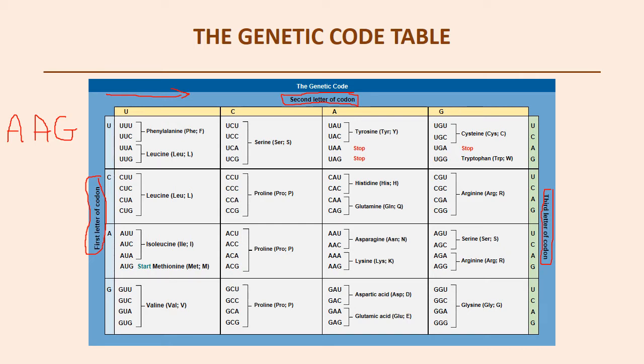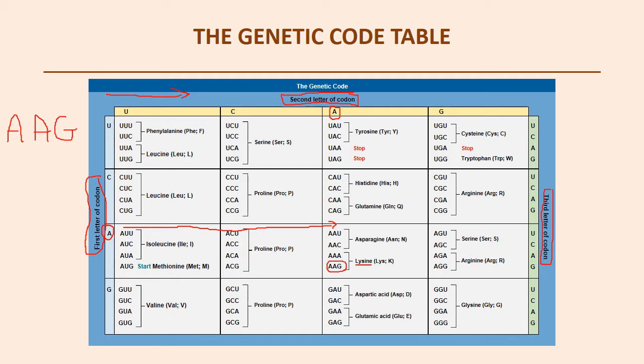So go ahead and find your A on the left-hand side. So here's my A. Once I have that, I'm going to go across, and looking on top, I'm going to find my other A box, which is my second category right here. Right, here's my other A. And then within that box, I'm going to look for my G, and it's right over here. AAG, and I can see that this particular codon is going to produce lysine for me.